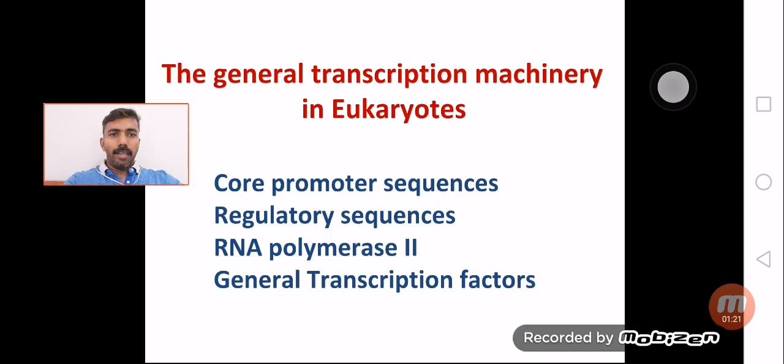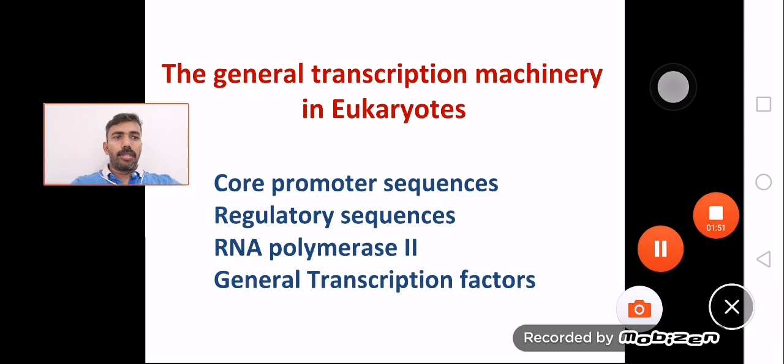Additionally, we have the promoter regions, which are somewhat similar to the bacterial system, except that they are a little more elaborate in terms of their consensus sequences and number of positions. Finally, we have the regulatory sequences, which are somewhat unique in eukaryotic regulatory mechanisms. Okay, so these are the four important factors we will discuss in this part of the presentation.